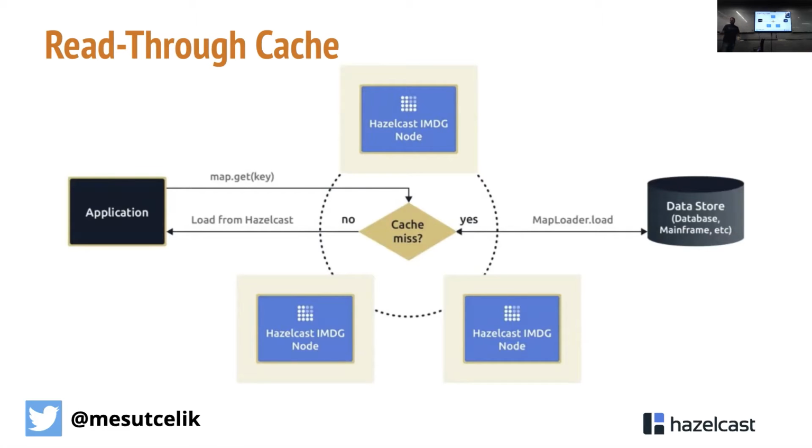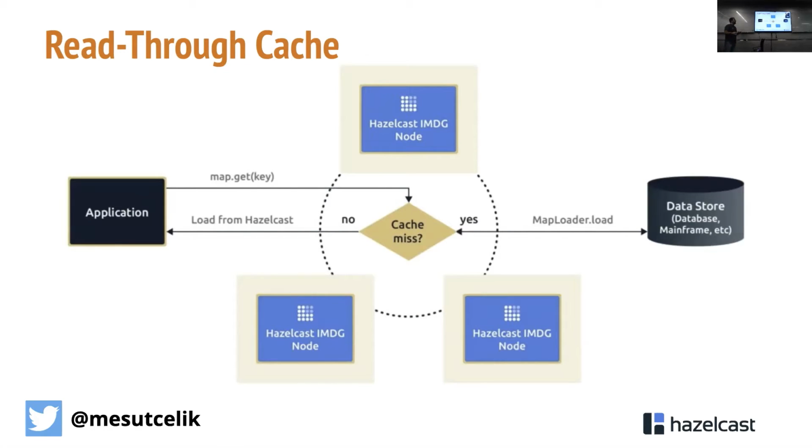If data is not there inside the cluster, that means a cache miss. And the Hazelcast cluster will get the data from the data store, put it into cache, and then return the value to the application. And in subsequent calls, you will receive data directly from the Hazelcast cluster, which is much faster than reading from the data store. So this is read-through cache.